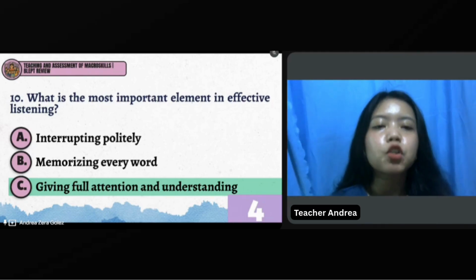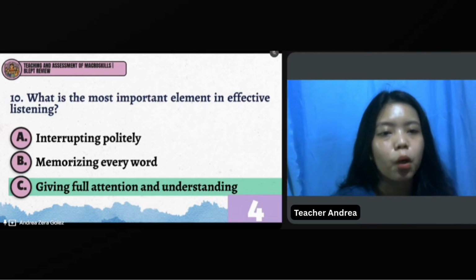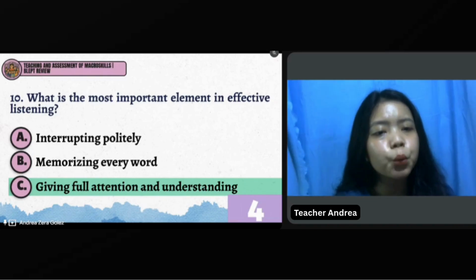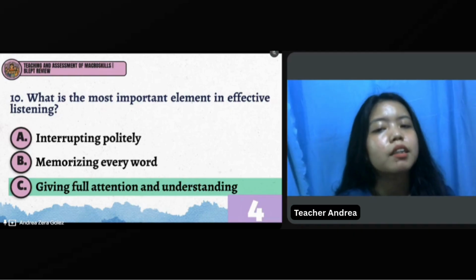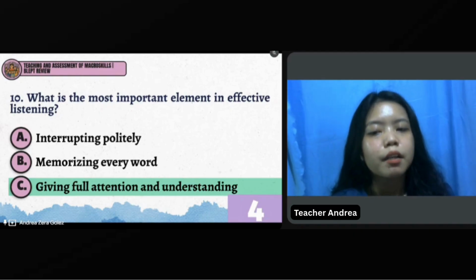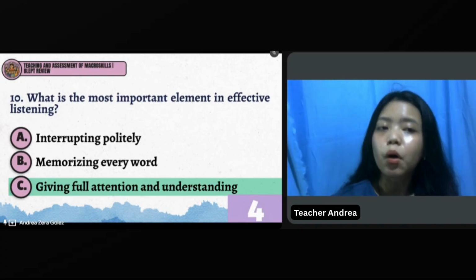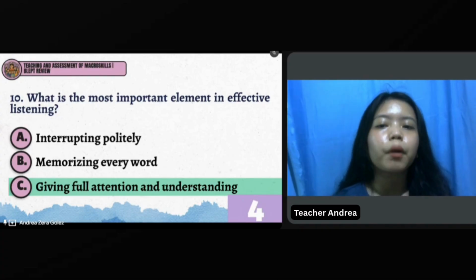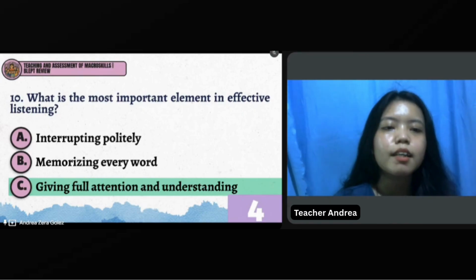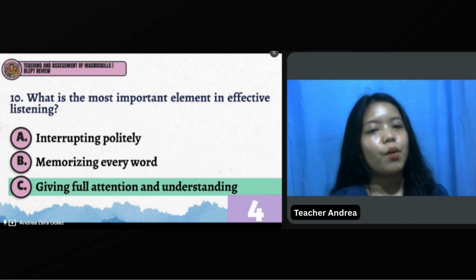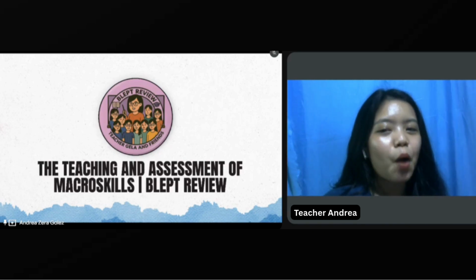The two other choices are not applicable because you don't need to interrupt politely or memorize every word that the speaker is giving in front. So, the most important element in effective listening is giving full attention and understanding. Clear? Okay.